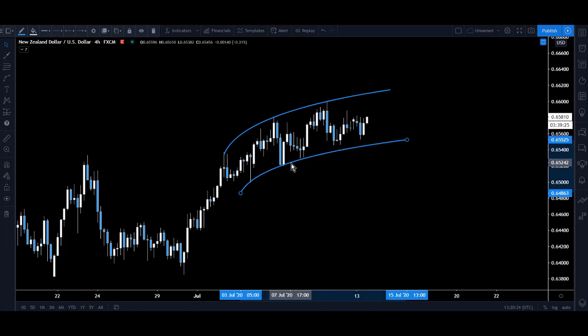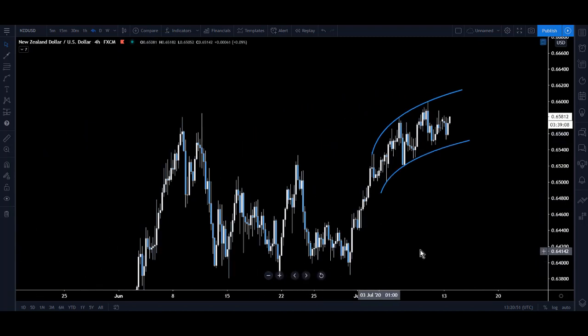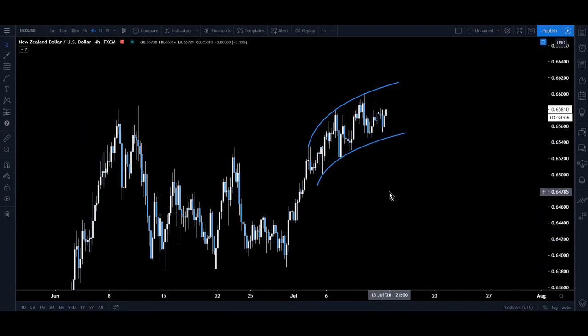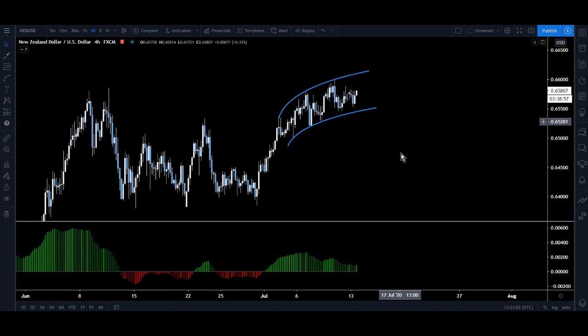So it's kind of showing me that upside momentum is potentially dying out on Kiwi Dollar. We're getting that push up. We're still making higher highs, higher lows, if you like, but not really making much headway. So I'd be really looking out for this to have a break to the downside, and then look for the first pullback to get into the trade.